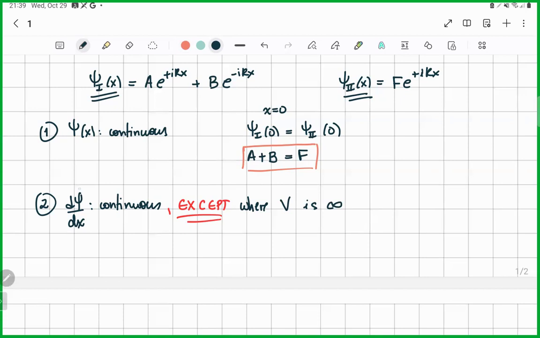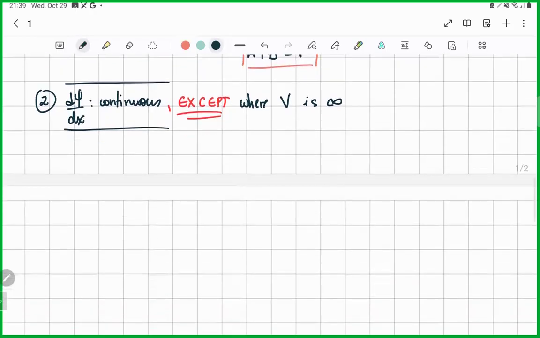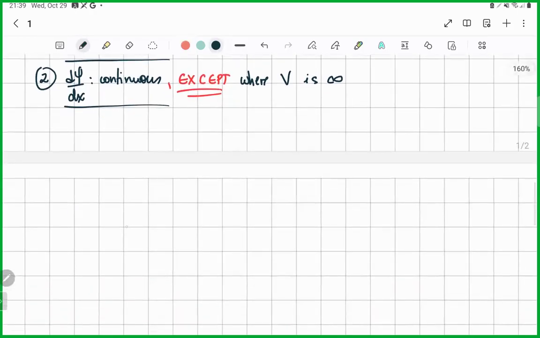So we cannot use the continuity of the derivative in this problem. However, it's still worth having a look at what happens to this derivative at x0. To do that, we move to Schrödinger's equation, and we are going to play with it a little.